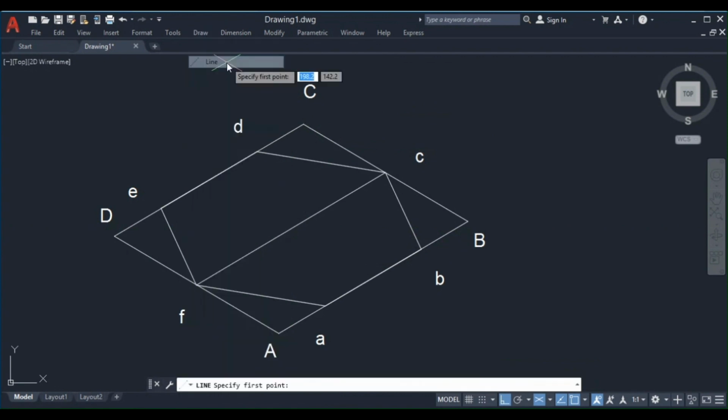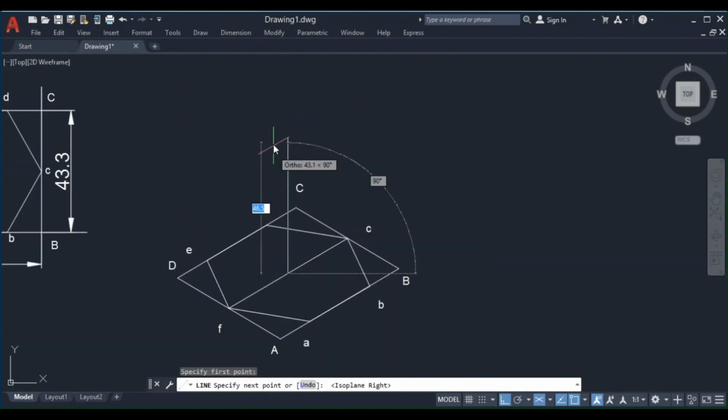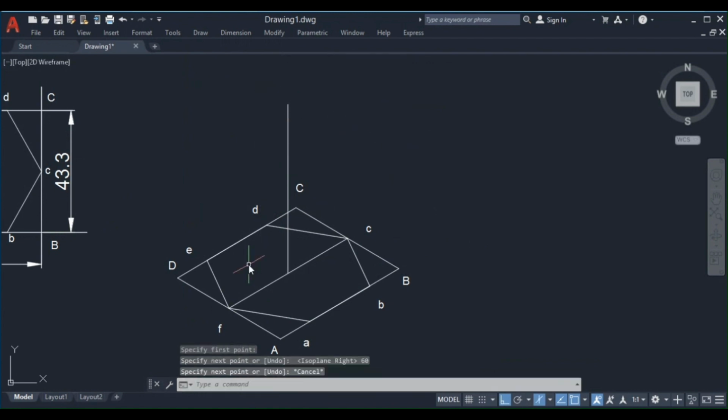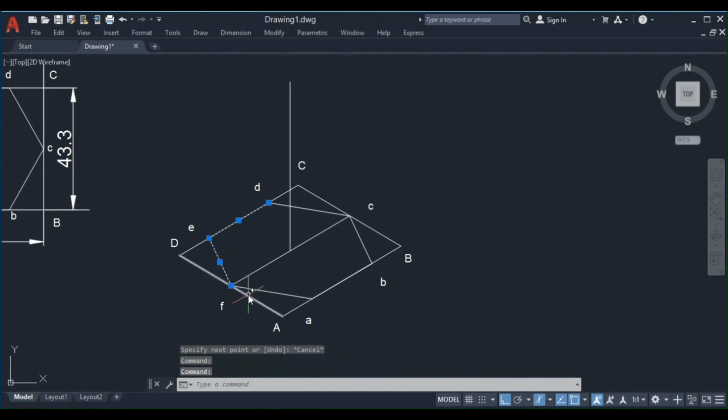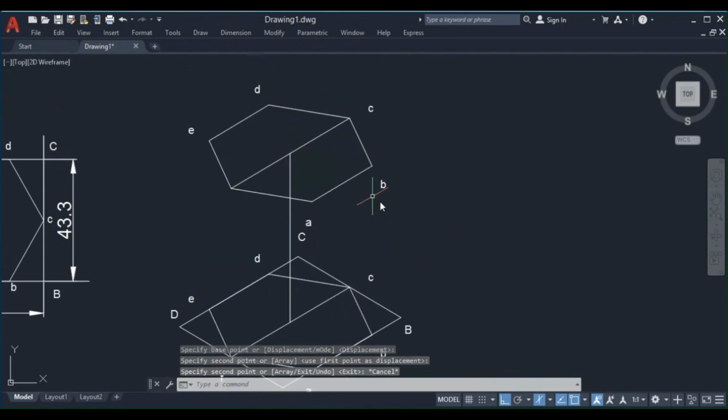So this Fi stand for 60 mm. Now select all these lines, including this. Modify copy from this base and keep it here, right?